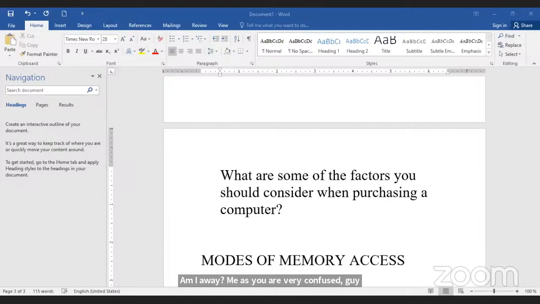Okay, we have some very small laptops that you can carry in your handbag, or on an A4 size envelope. But that laptop is very powerful compared to your laptop that you carry in a briefcase.